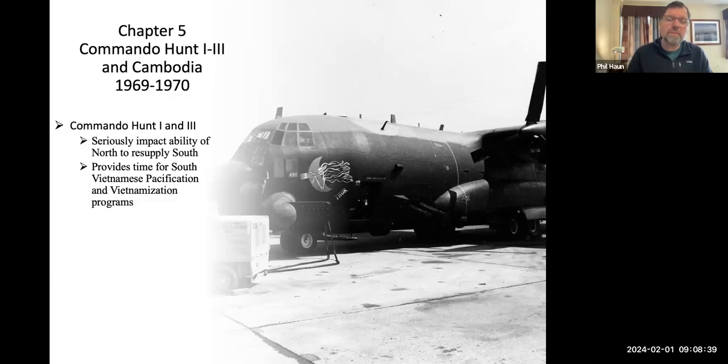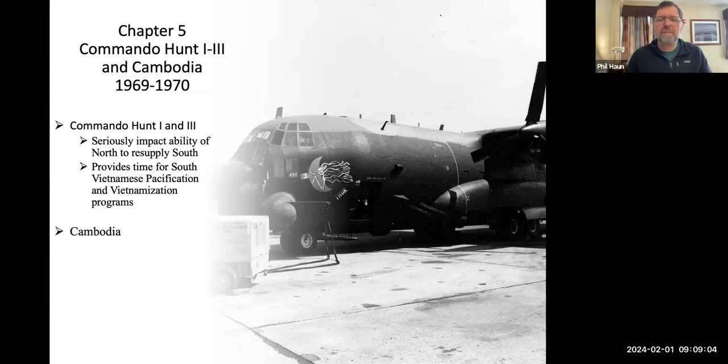The other is what becomes known as Vietnamization: Americans training South Vietnamese, raising an army and air force to take over the duties that U.S. combat troops currently perform, so we can withdraw those American troops. This period of time is critical for stabilizing South Vietnam and raising its defense forces.